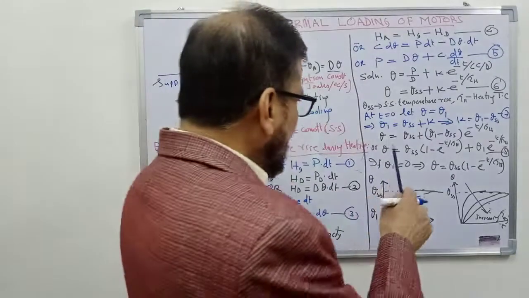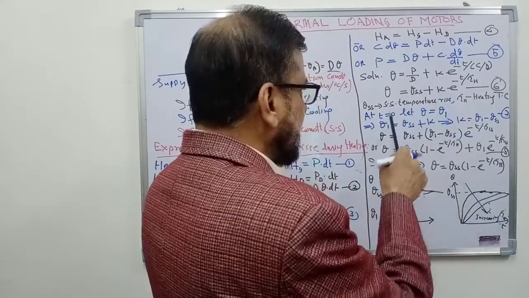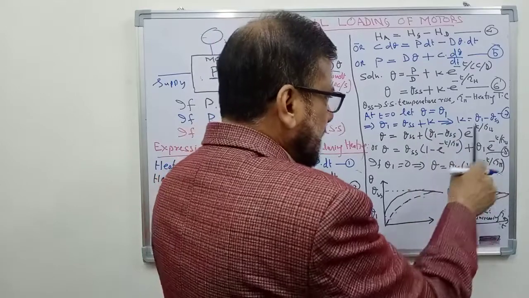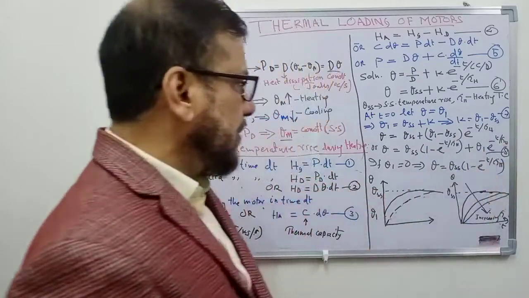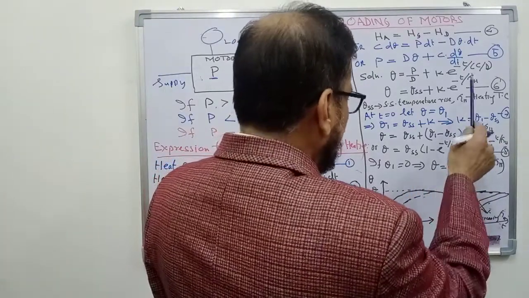So at t equal to 0, theta equal to theta 1, you put the value here. So theta 1 is equal to theta ss plus k into 1. This means that k is equal to theta 1 minus theta ss, our equation number 7. Now you put the value of k from 7 in equation 6.